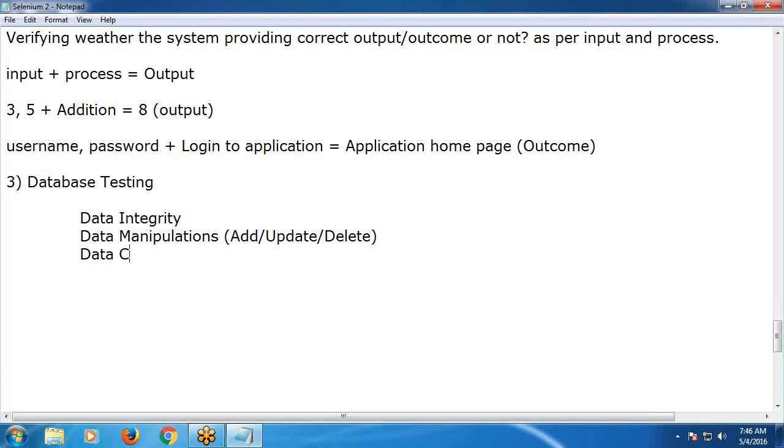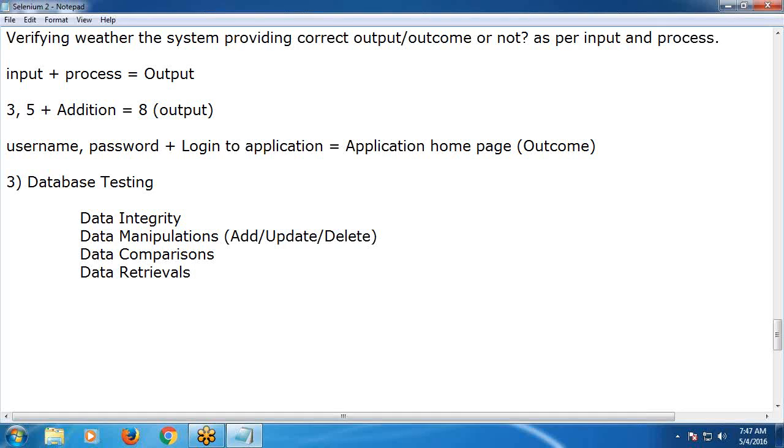Next, data comparisons. Comparing front-end data with back-end data, or comparing 2 different resources, 2 databases, or 1 database and 1 Excel file, etc. Next, data retrievals.